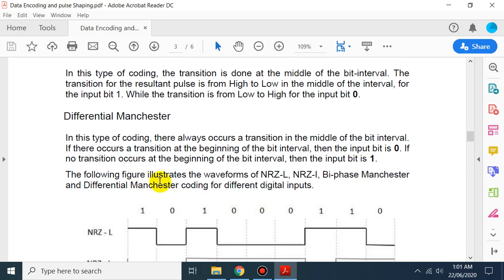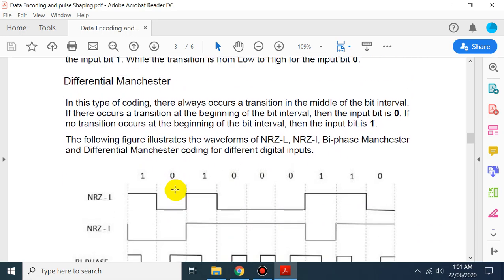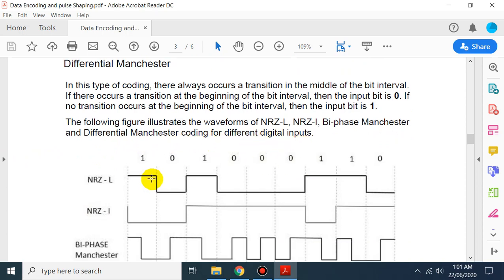The following figure you can see here illustrates the non-return to zero level, non-return to zero inverted, biphase Manchester and differential Manchester coding for different digital inputs. So for example, you can see the sequence of bits here that is represented as 1 0 1 0 0 0 1 1 1. Now we're going to represent it with different coding schemes.